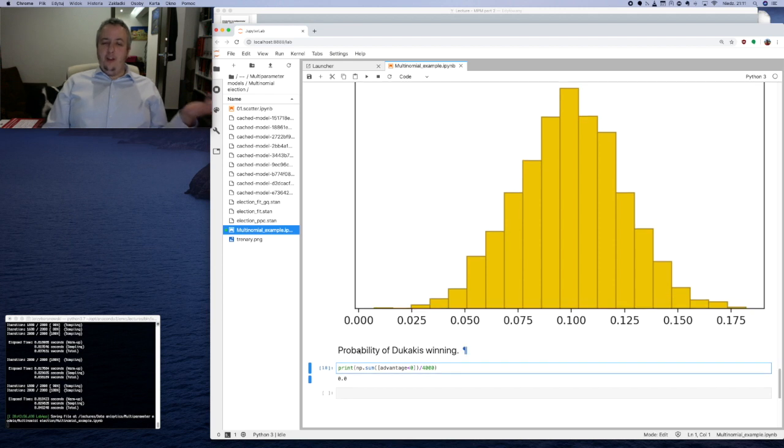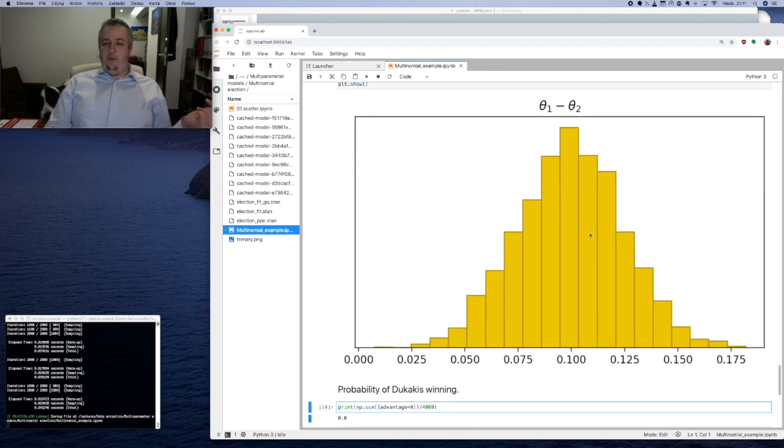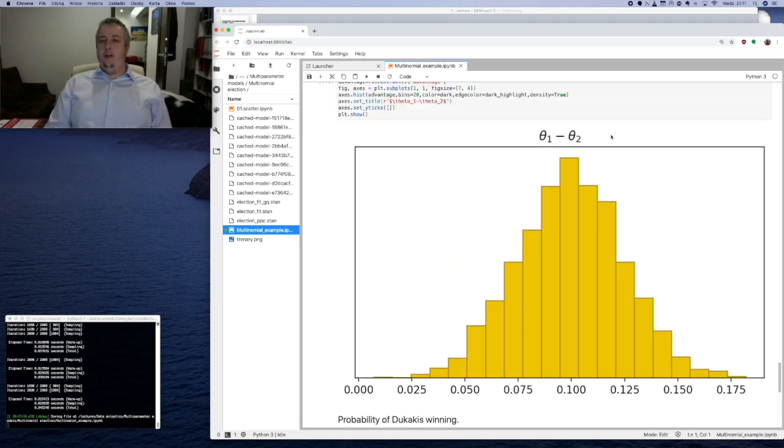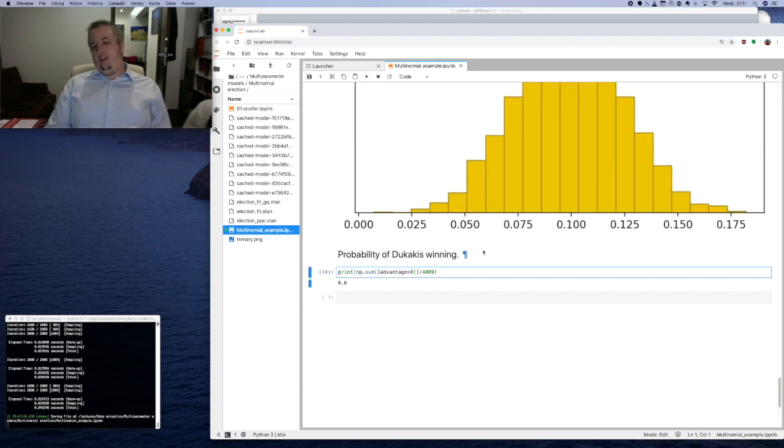As we can see from our samples, we had 4,000 samples from 4 Markov chains that sampled 1,000 useful samples each. We got 0 samples where this value is negative. So in the context of the provided data and our model, the probability of Dukakis winning is 0.